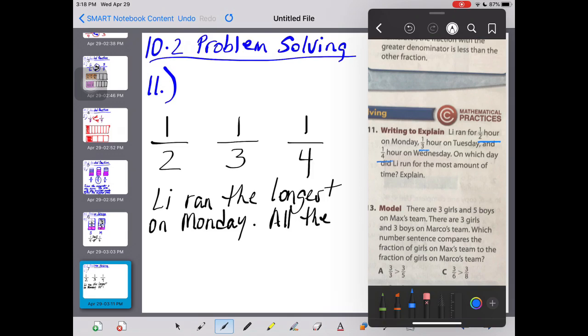All the fractions have the same numerator.